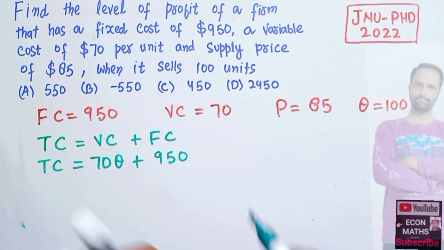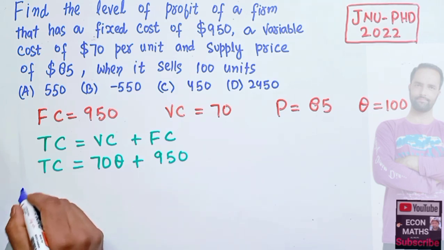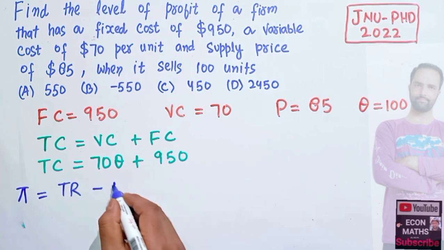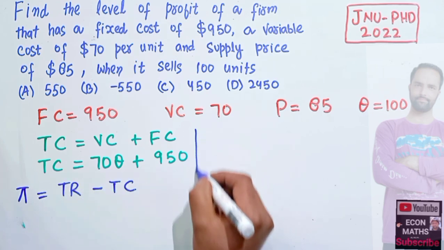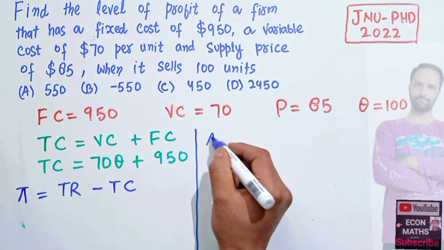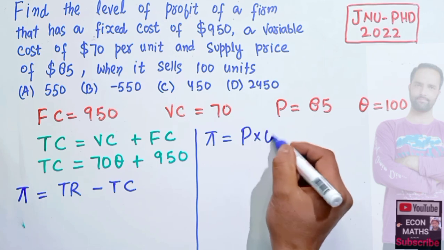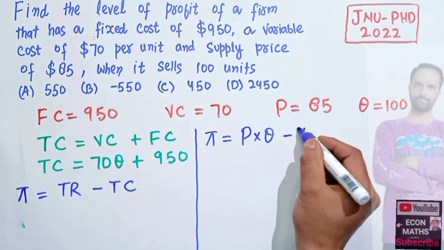This is our cost function. Now profit is simply equal to total revenue minus total cost. What is total revenue? Price into output sold.